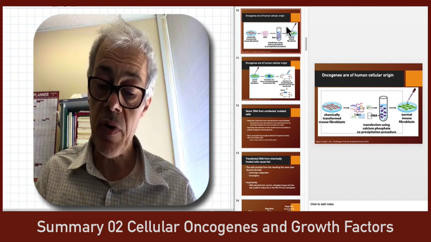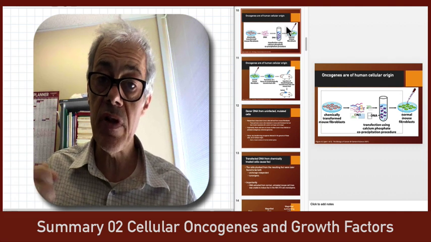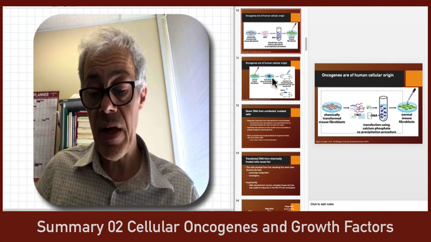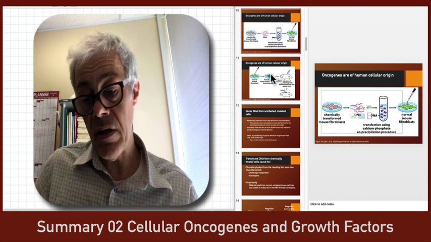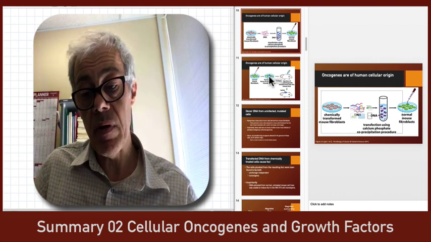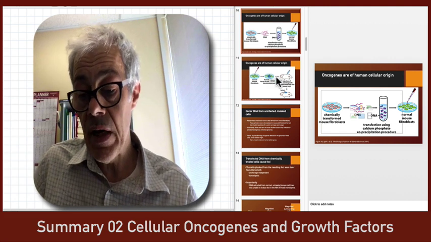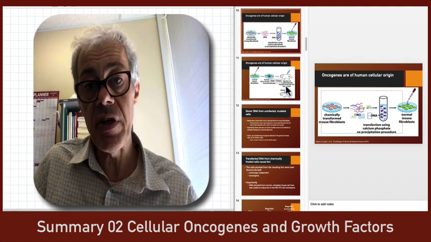If you can express that mutated DNA within that normal cell line, it gives rise to cells with growth characteristics that are different to those around it. It's growing faster, and therefore it's able to be tumorigenic.